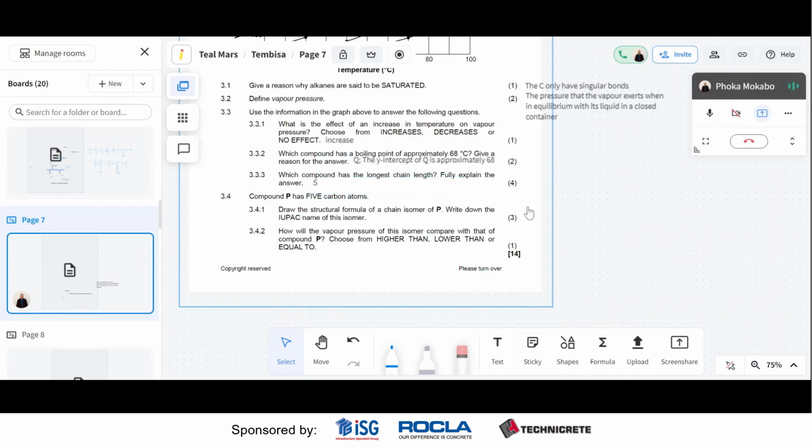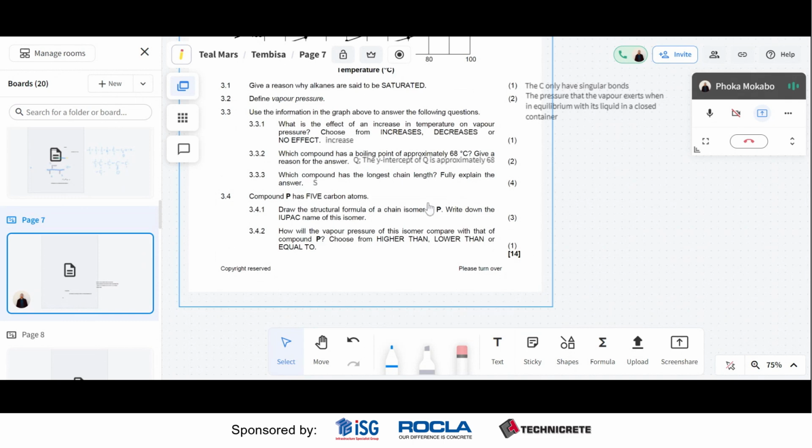Now, the explanation for that answer is very simple. We can't really mention the fact that they said to us that each new letter represents the addition of a carbon. But what we can say is that at a given temperature, S has the lowest vapor pressure.